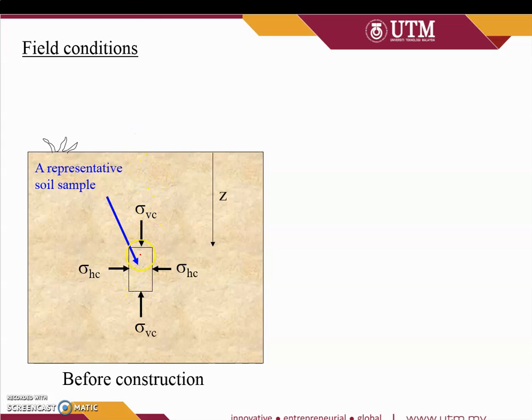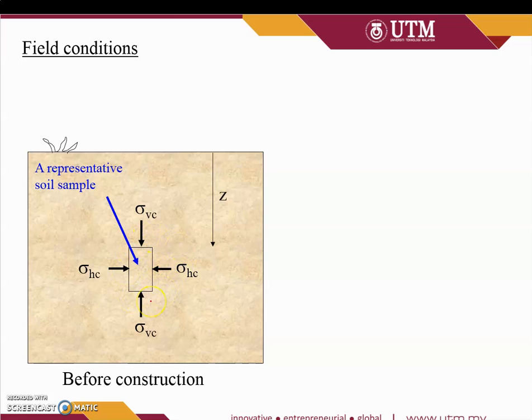The sample usually comes in a cylinder, and the original soil condition is subjected to a few types of stress: horizontal confined stress and also vertical confined stress.